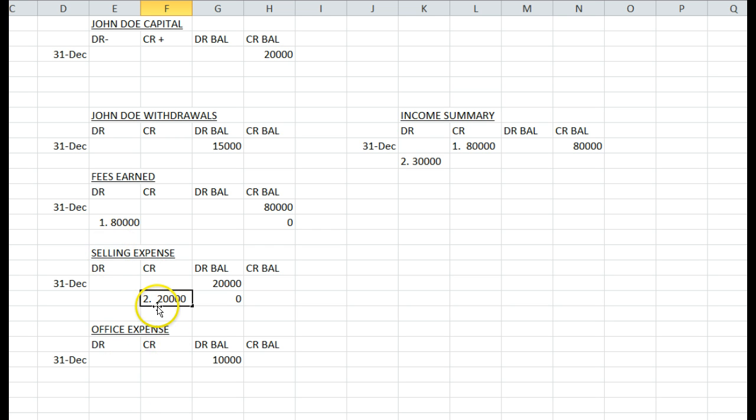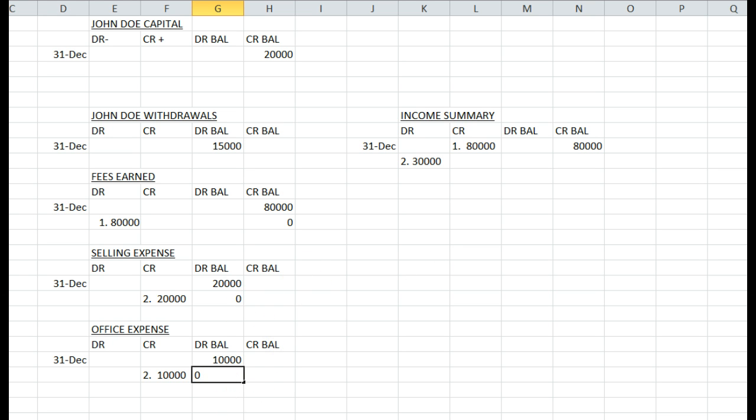So there's $20,000 credited to the selling expense account, leaving it with a zero balance. I've got a debit in the office expense account, which needs to be credited. Closing entry number two. Okay, $10,000. So you got a debit of 10 as a balance and a credit which wipes it out. So there's a zero balance there.